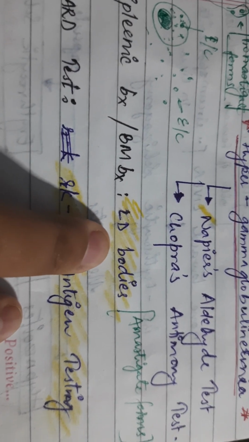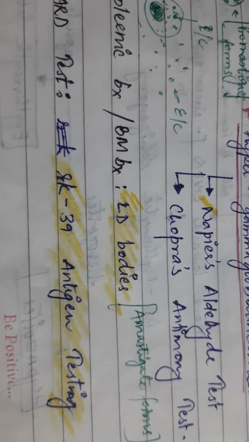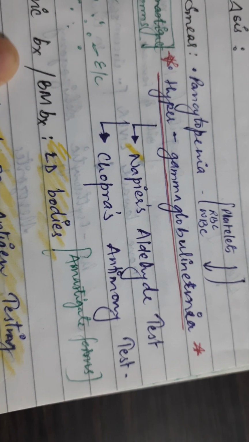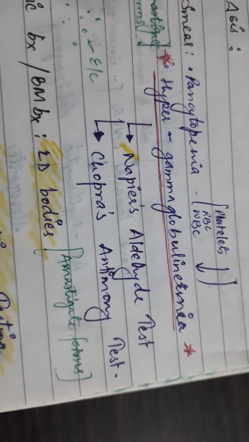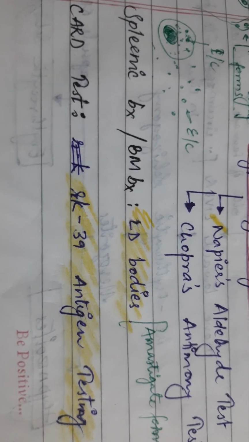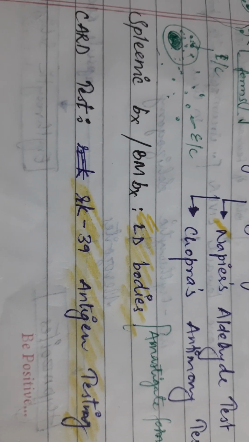Then splenic biopsy or bone marrow biopsy shows LD bodies, Leishmania donovani bodies, in Kala Azar. Then a card test we can perform, in which RK39 antigen testing is done.